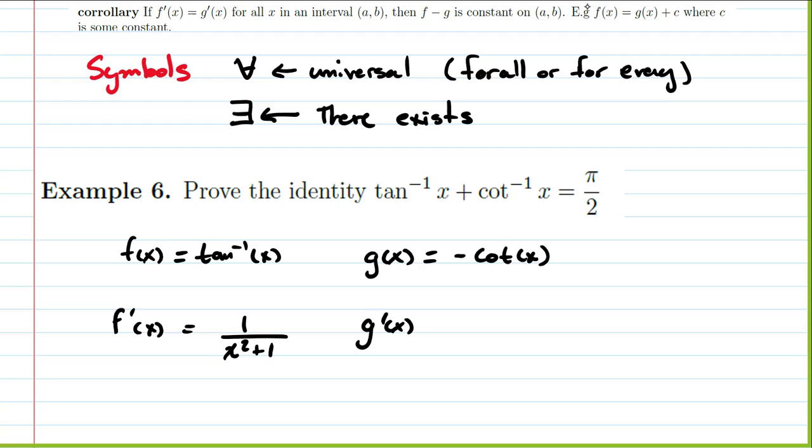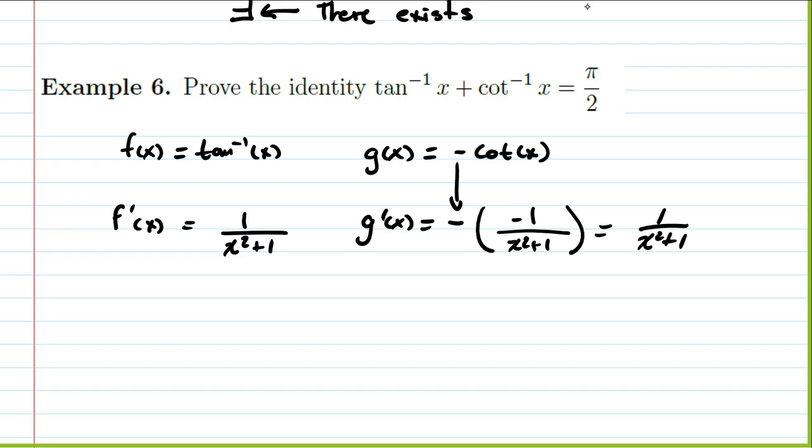G prime of x, we have our negative comes down, and then the derivative of cotangent is negative 1 over x squared plus 1. So the minus minus makes it positive, and we get 1 over x squared plus 1. So f prime of x is equal to g prime of x.